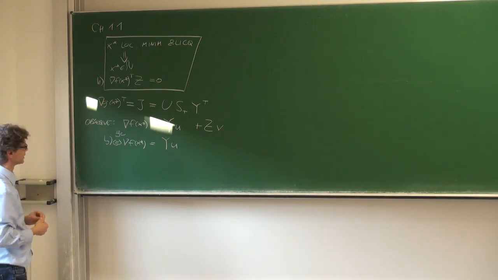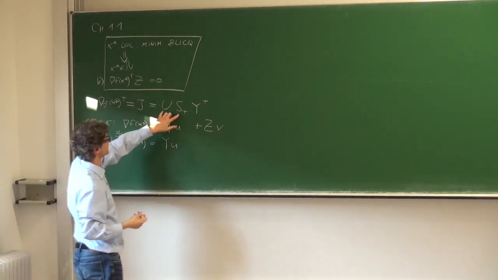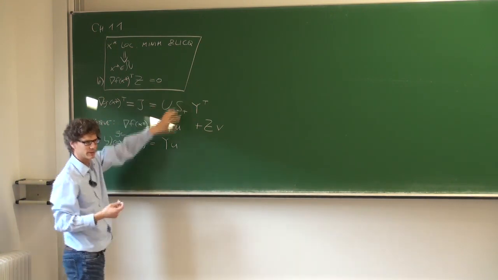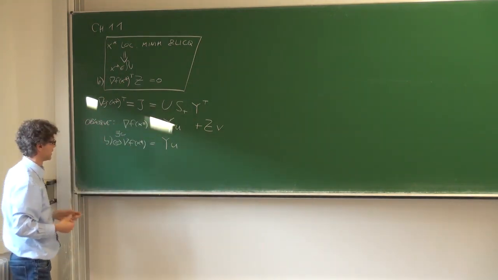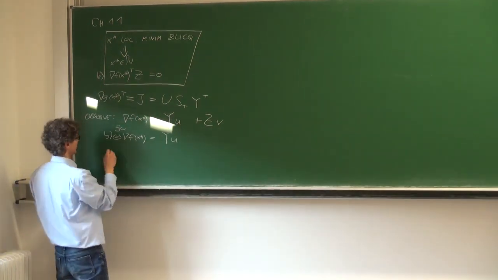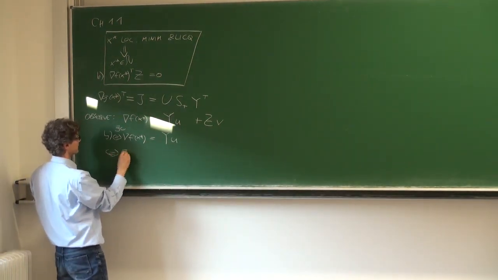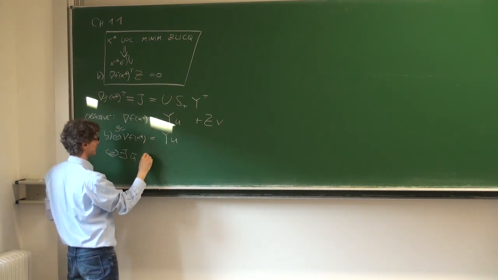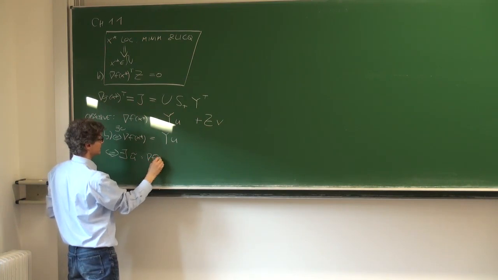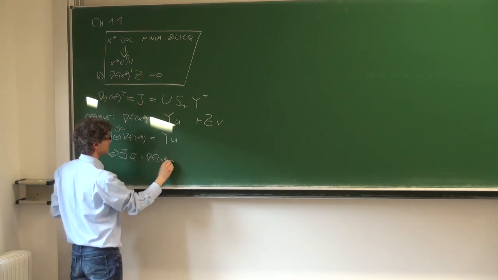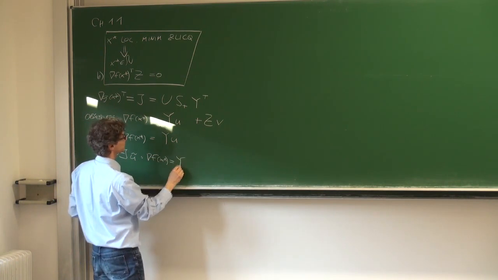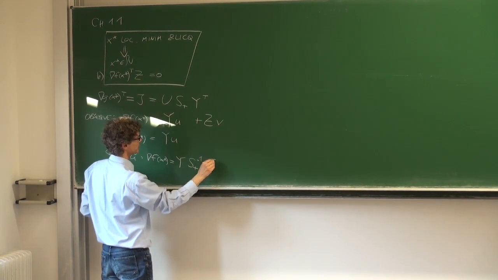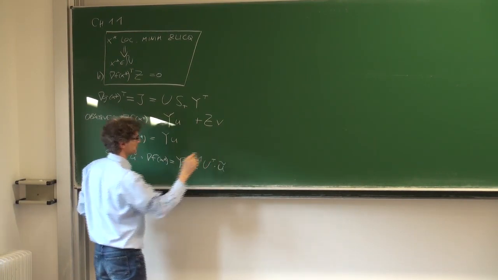Now I can also use the fact that I can invert this big U and this sigma plus. They can both be inverted if I have LICQ. And that means that I could also say it's equivalent to saying there exists some, maybe I call it u tilde, because it's a different u, so that nabla f of x star must be equal to Y sigma plus U transpose times u tilde.